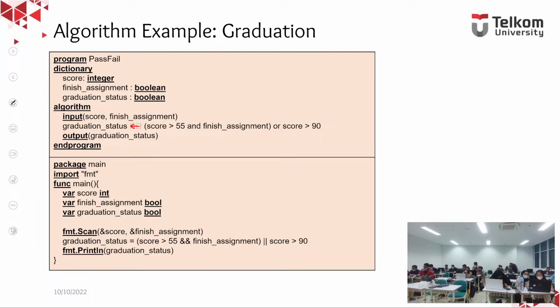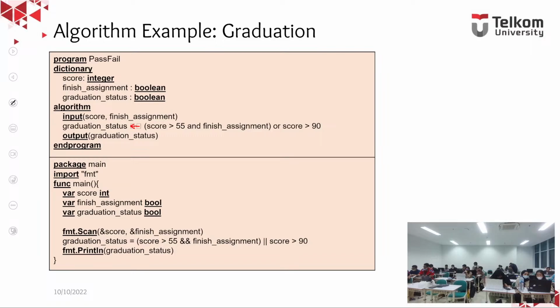What does it mean? Perintah yang sebelah kanan ini artinya apa sih? If the score is higher than 50 and finish assignment, or maybe score above 90, maybe the output will be true. Yes, correct.